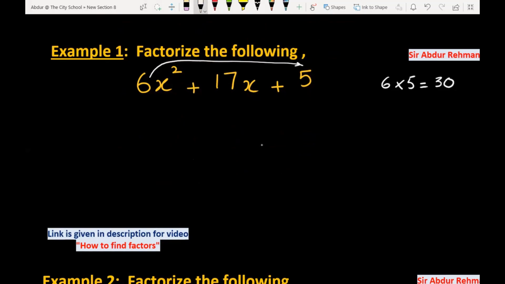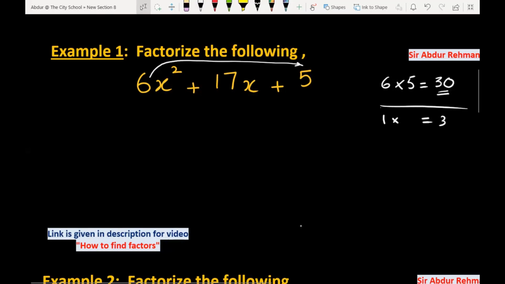And find out the factors of 30. To find how to find the factors, you can watch the video. The link is given in the description for this video.